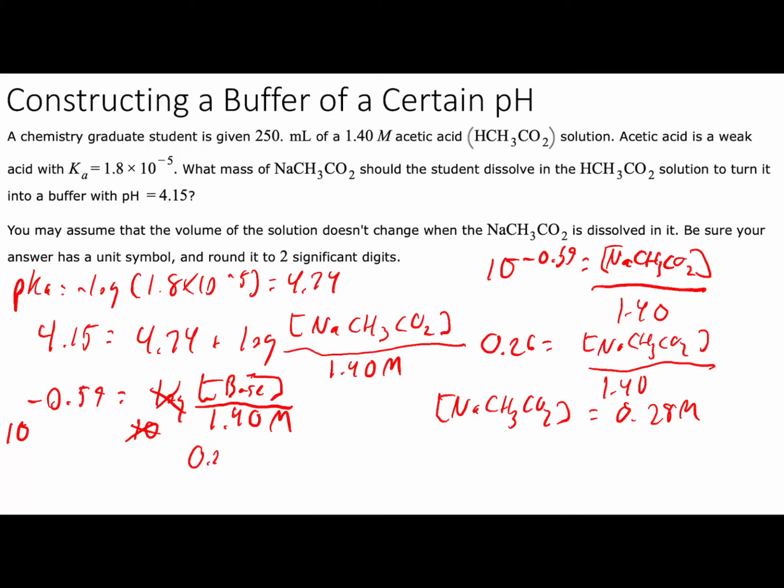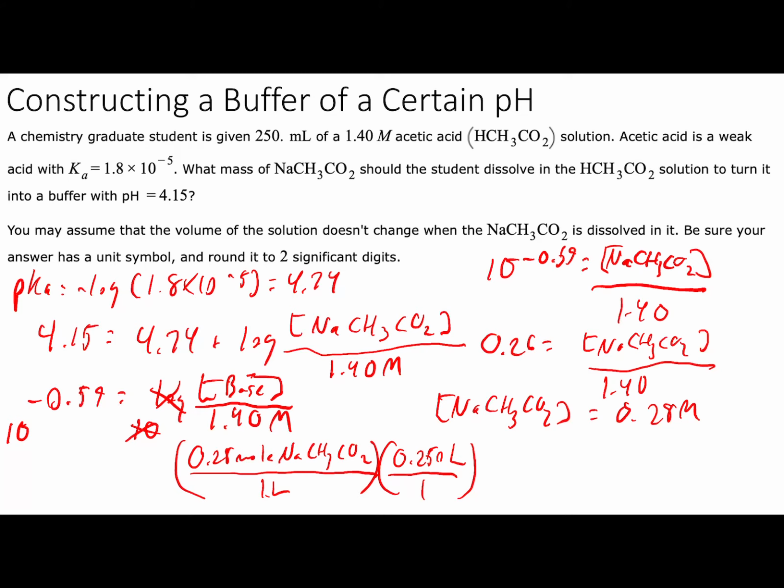So 0.28 moles of NaCH3CO2 over 1 liter times 0.250 liters, which is the volume of the buffer, 250 milliliters or 0.250 liters.